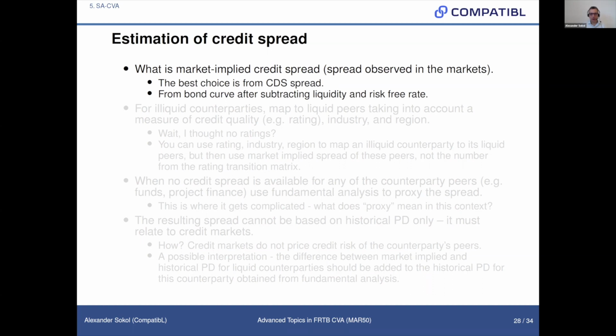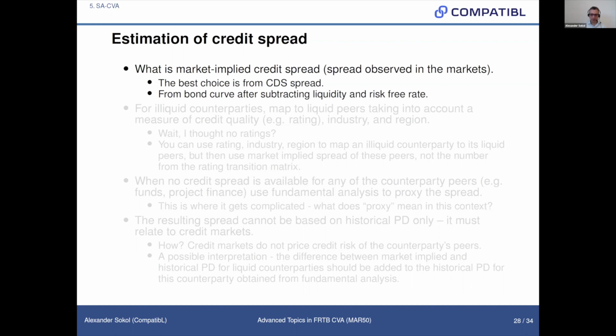You have to be careful: you can subtract the risk-free rate from the bond yield, but then there are two components remaining, not one. There's the credit spread and there's also a liquidity spread. Some bonds are just not liquid, and people don't want to trade them. If you make people buy them, you have to basically pay them a little bit extra. So it's hard to separate this liquidity spread from the credit spread, but you can.